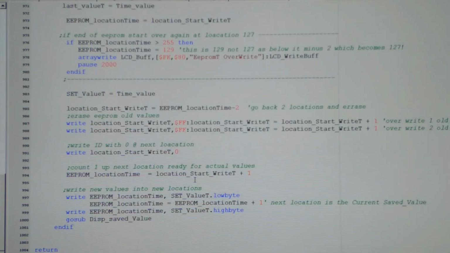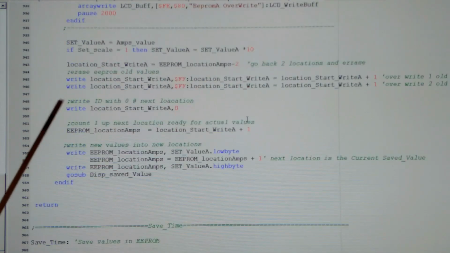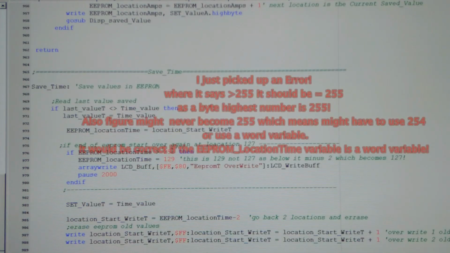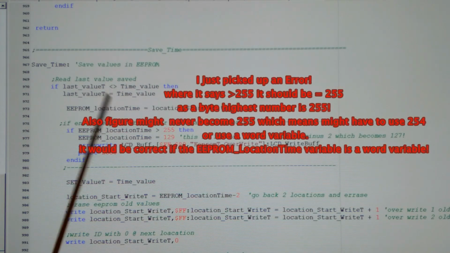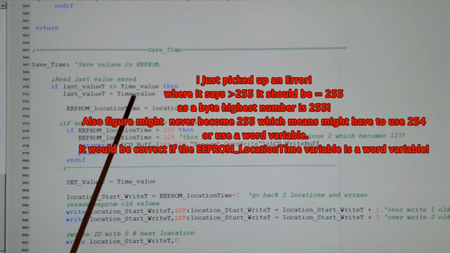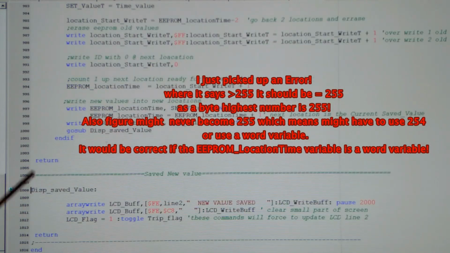So, when you save the time, it's the same system as what I just explained for saving the current. You need to work out if the value has been changed from the last value. If it didn't change, you jump over that and you return, okay?